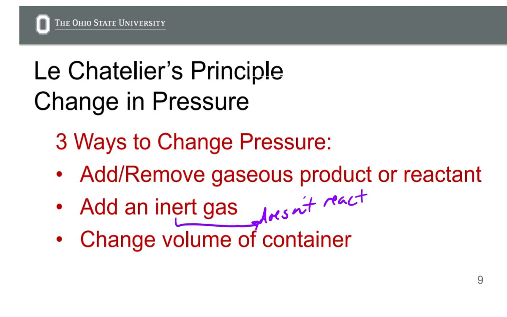And the last one is that we can change the volume of the container. If we think about what that means, we're going back to PV equals nRT. If we decrease the volume, the pressure is going to increase. If we increase the volume, the pressure decreases.